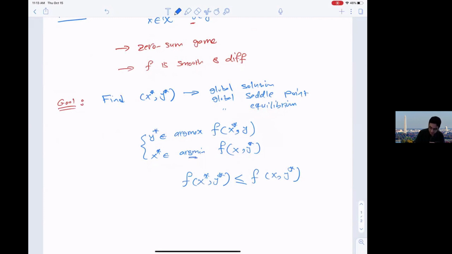And vice versa, if I fix my x to be x star, y star is the maximizer. So I have the other side of the inequality, for all x and y in, let's say, my feasible set. Let's say S contains all pairs of x and y that are feasible for my optimization problem.